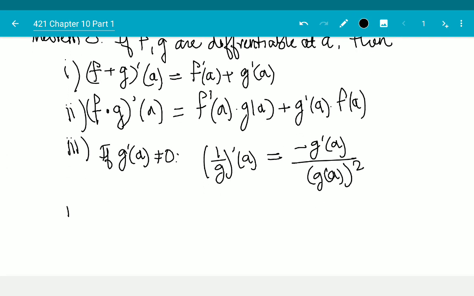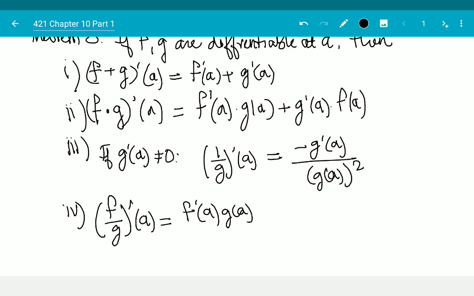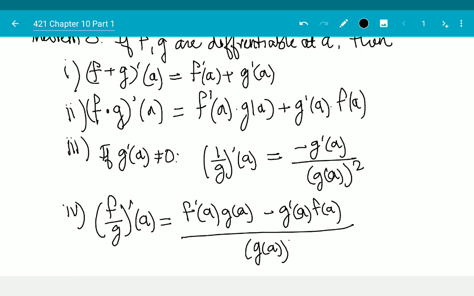And let's make a fourth case, which is combination of 3 and 4. That derivative of f over g prime at a is equal to f prime a g of a minus g prime a f of a all over g of a squared, right?